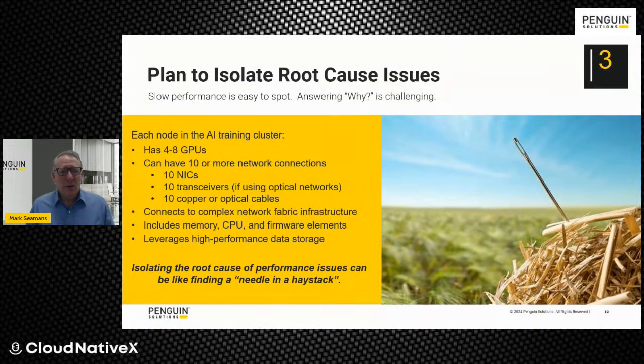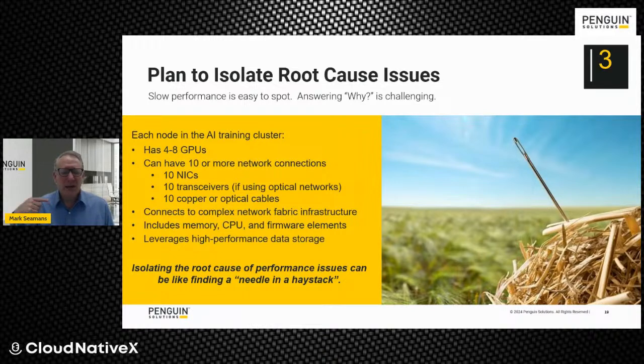So what if it's not running well? Well, it's easy to see that your system's not running as fast as it should be, but sometimes it's incredibly challenging to figure out why. There's a lot of moving parts. Every node has 8 GPUs in most cases, and 10 or more network interface cards, which means 10 transceivers if you're using optical networking, and 10 copper or optical cables to connect these things together.